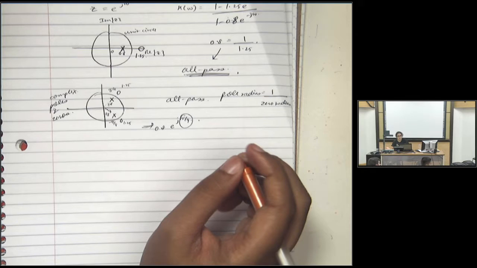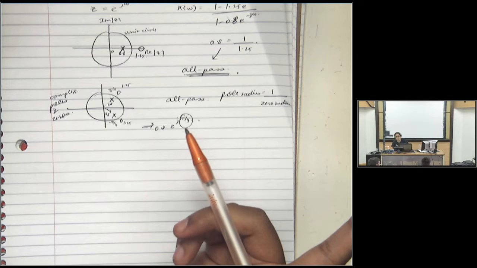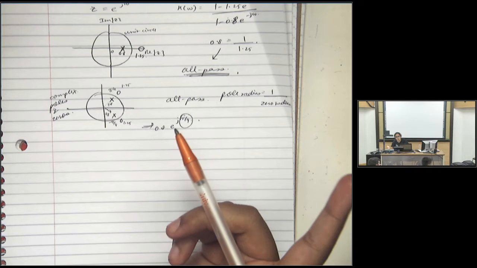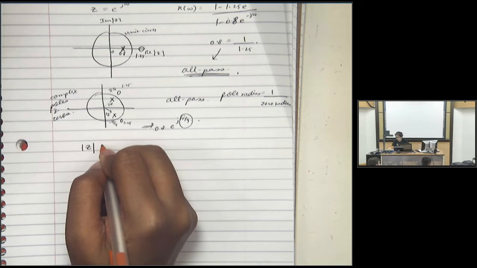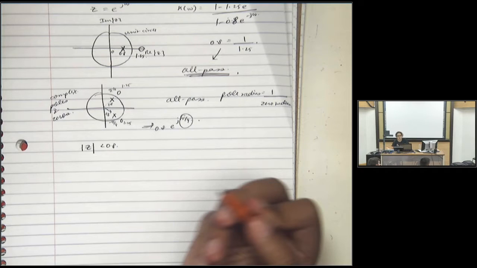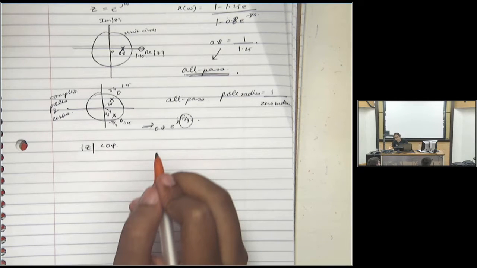What would happen if it's like 0.6 or something? If it's 0.6, my region of convergence is outside. If my region of convergence is less than 0.8, it does not include the unit circle, right? And I wanted to include the unit circle. That's why I take it greater than 0.8.